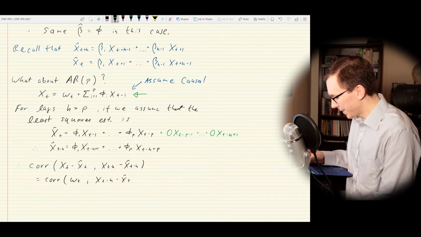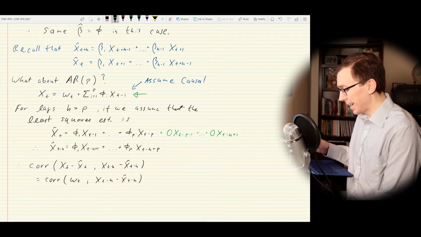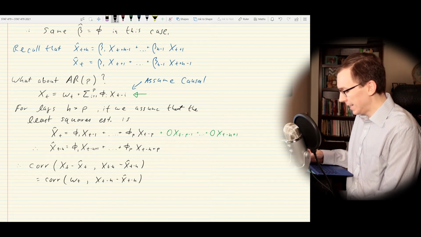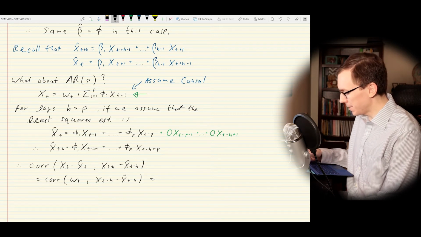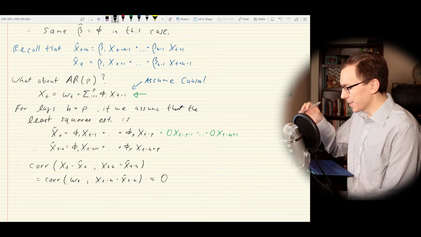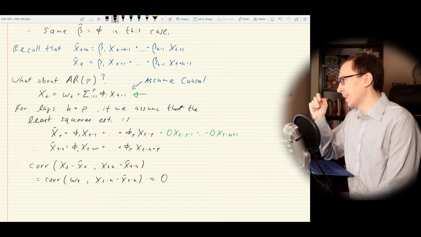And this whole thing in the right hand argument is a causal linear process. It does not depend on wt because wt occurs in the future, so it's 0.